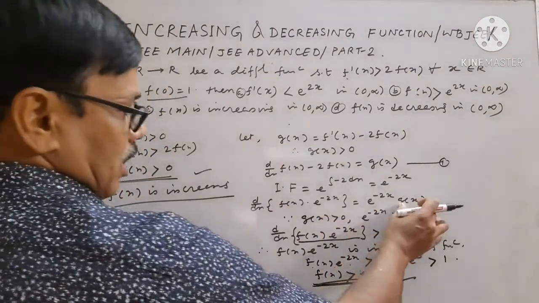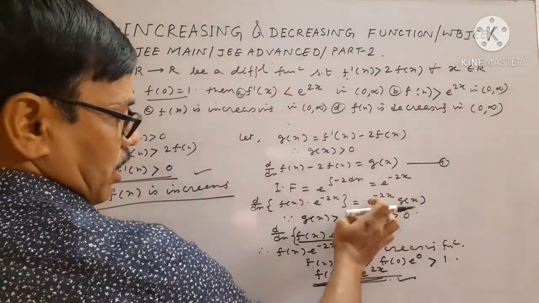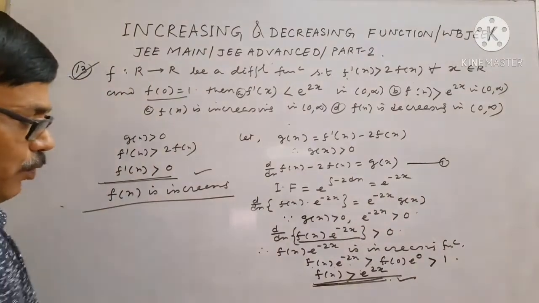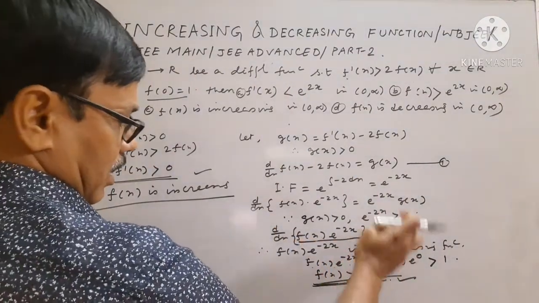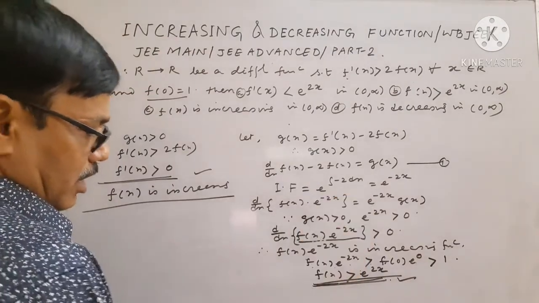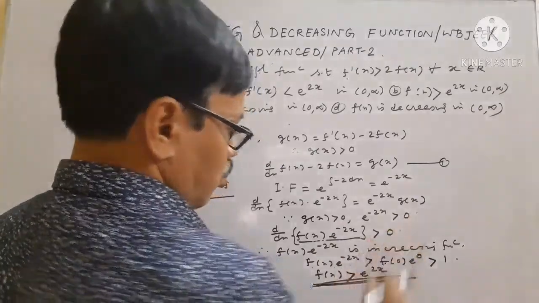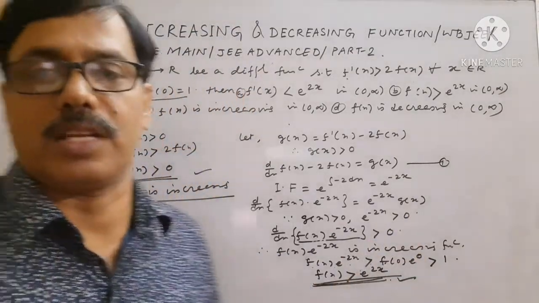Now g(x) is greater than 0 and the exponential function is always positive. So d/dx of this is greater than 0. So this quantity is an increasing function. So f(x) times e to the power minus 2x is an increasing function.